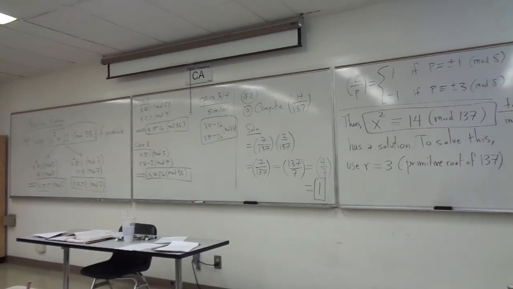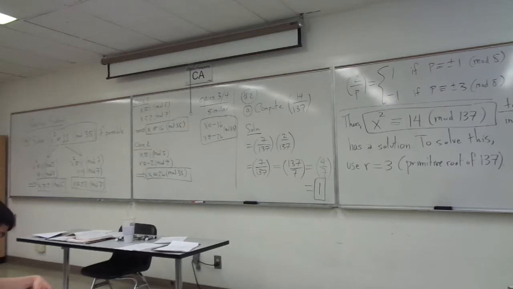You're going to get 2 times the index of x relative to the primitive root 3 is congruent to the index of 14 relative to 3. And this would be modulo what? 136, exactly right.